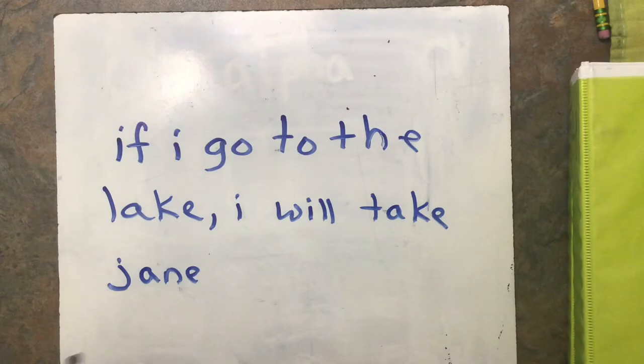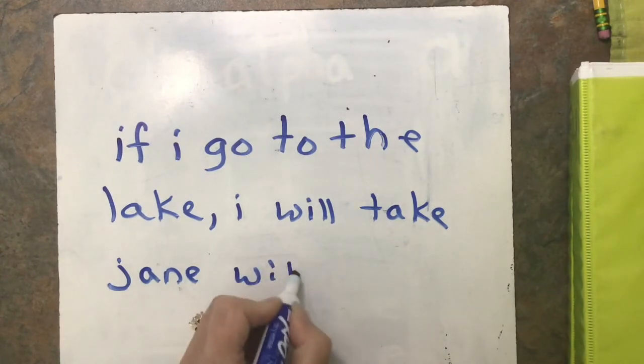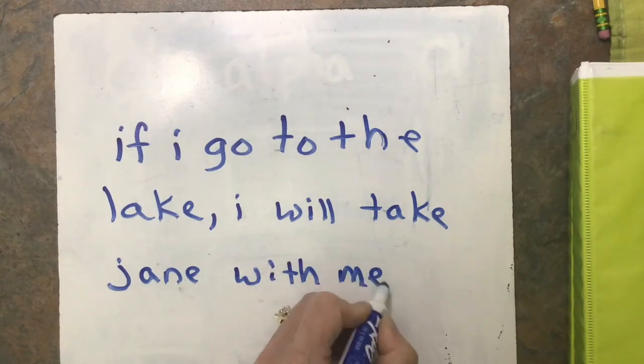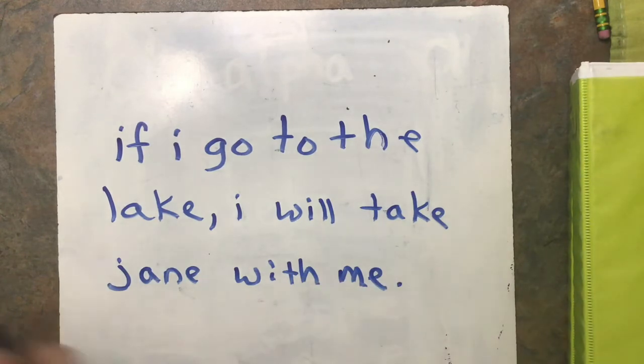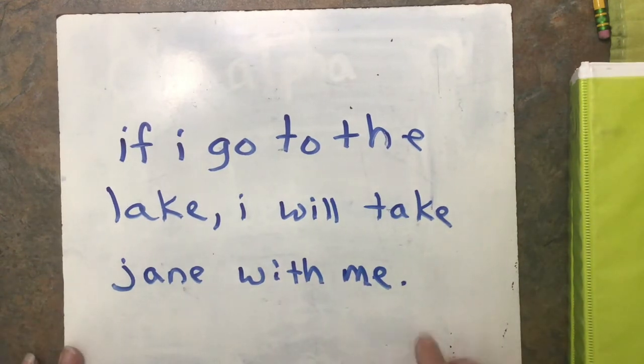Oops, my brain is not working very well today. With me. Okay. We're not worried about punctuation in this lesson, so I've gone ahead and given you the period and the comma. What we're taking a look at is capitalizing.